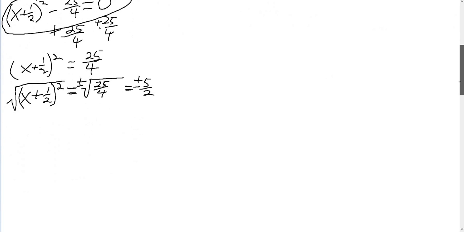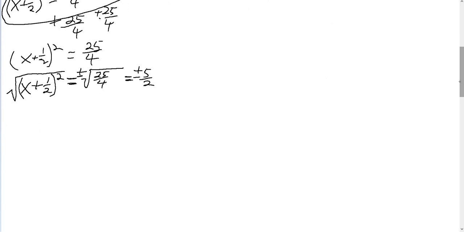And the square root of (x plus a half) squared, well, the square root of anything squared is itself, right? The square root of aleph squared is going to be aleph, whatever's inside the square root, because squared and square root cancel each other out.